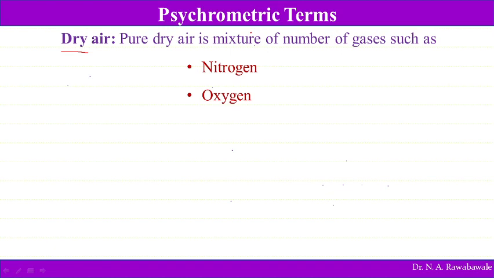By volume, nitrogen is 78.03%, whereas oxygen by volume is 20.99%.